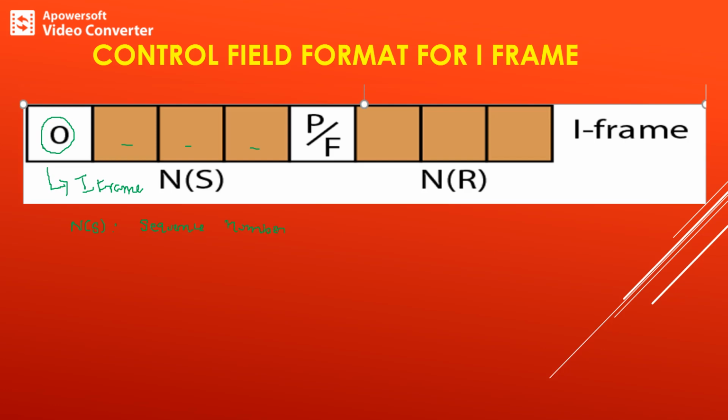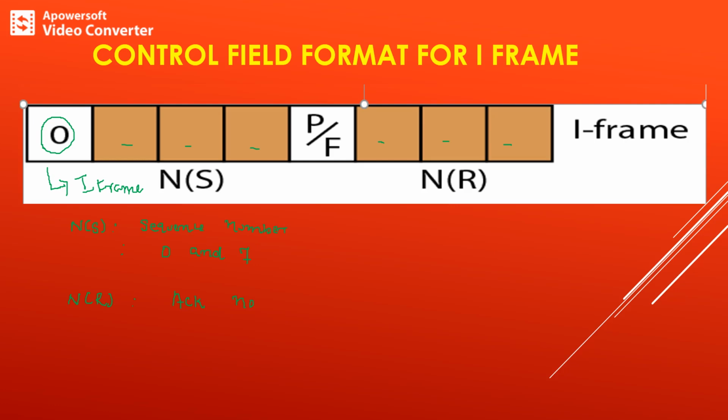With 3 bits, we can define the sequence number between 0 and 7. Once again, here we have 3 bits, that is N(R), which specifies the acknowledgement number. This N(R) can be used with respect to the piggybacking concept.